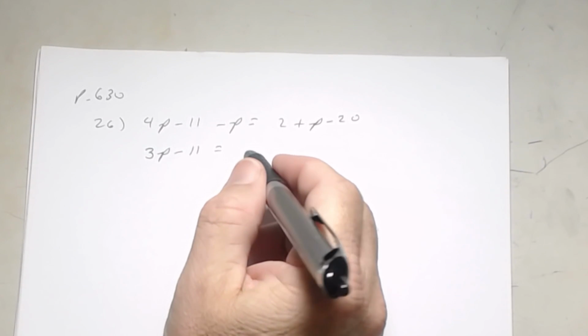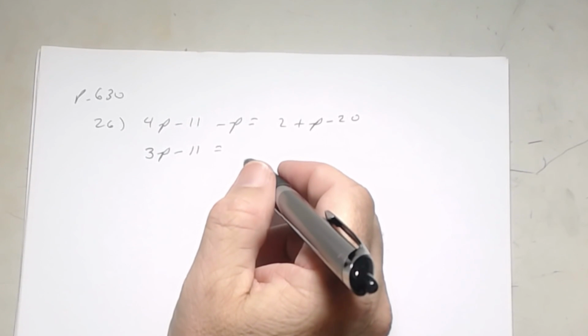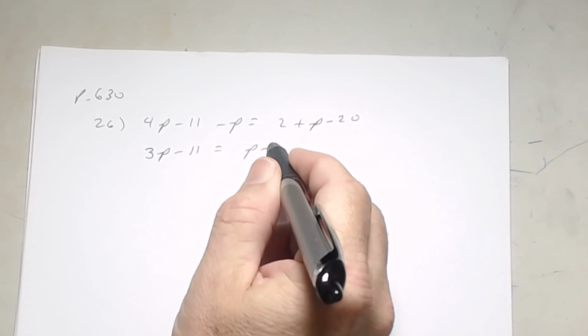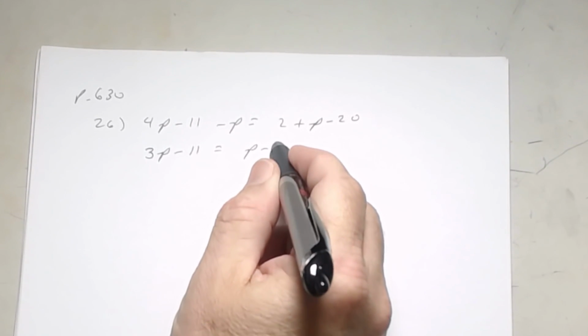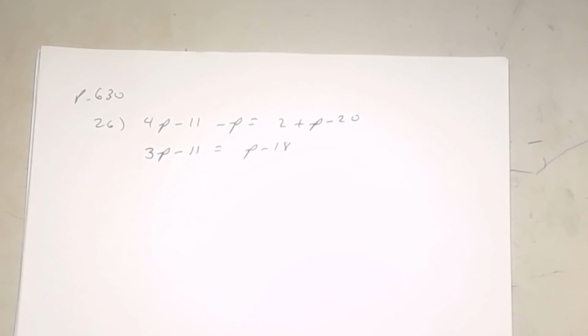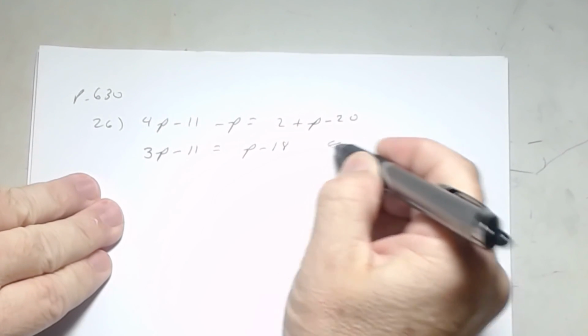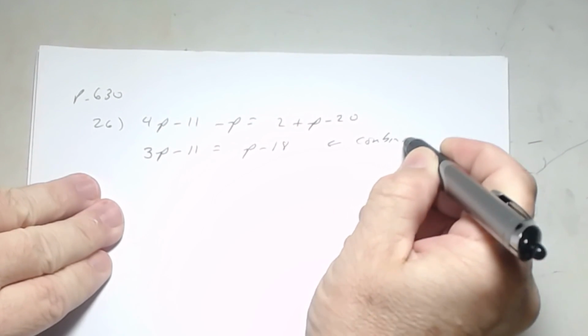You can say negative 18 plus p, right? Or you can say what? It's always easier if you tend to put the variable first. So p minus 18, is that right? Because I could combine the constants. 2 and a negative 20 is what? Negative 18. So remember what property allowed me to go to this equation? Combine like terms. So that's what I did.